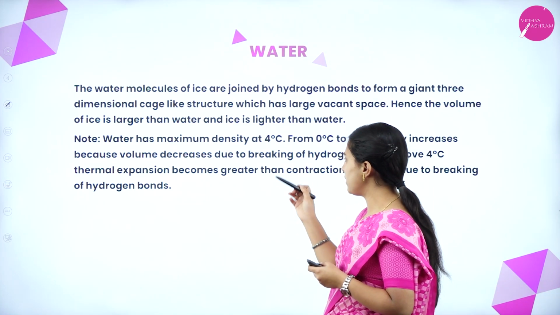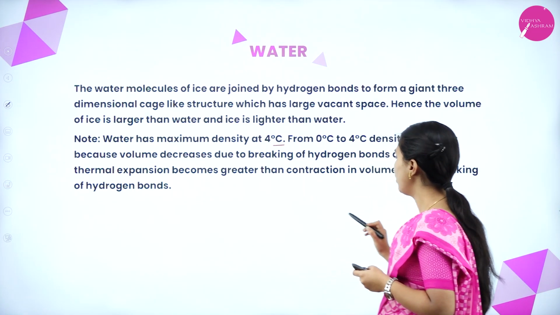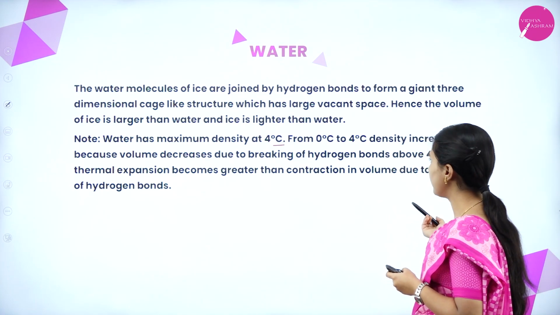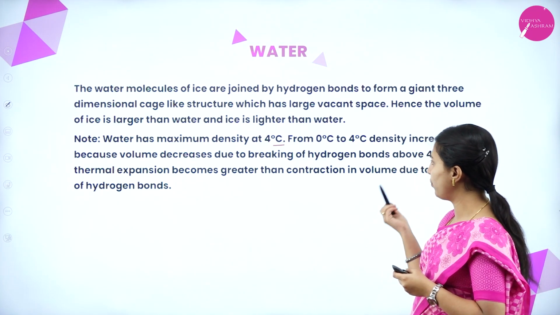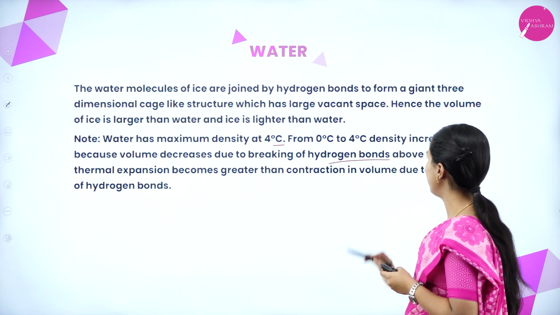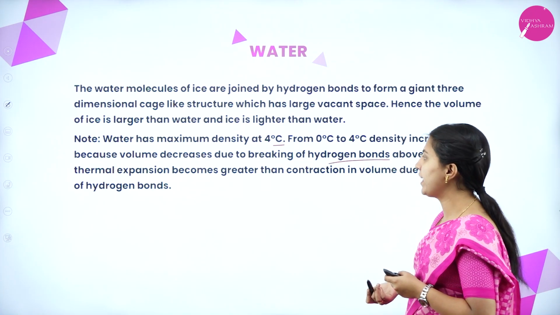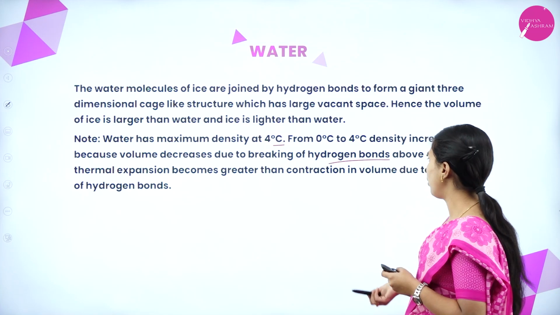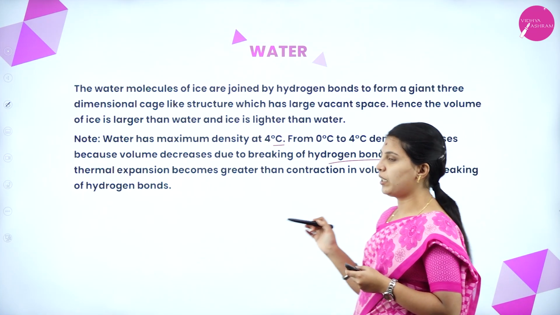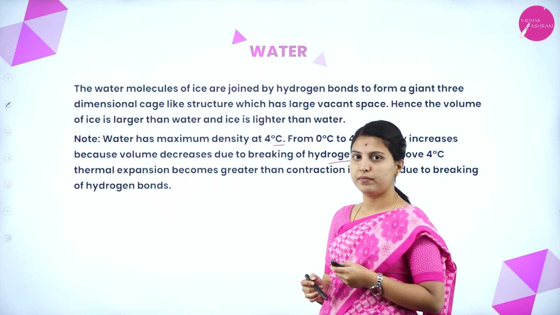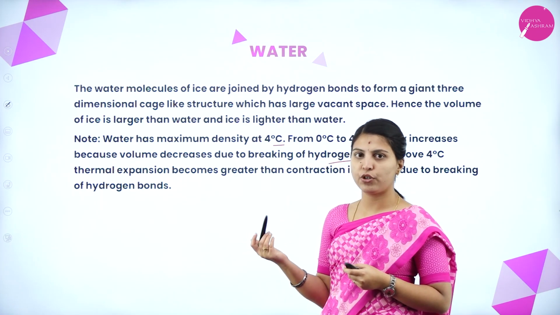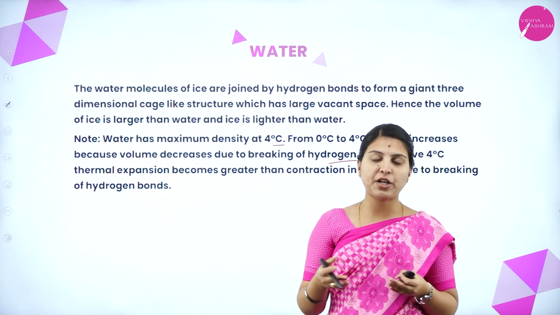Water has maximum density at 4 degrees Celsius. From 0 to 4 degrees, density increases because volume decreases due to breaking up of hydrogen bonds. Above 4 degrees, thermal expansion becomes greater than contraction in volume due to breaking up of hydrogen bonding. After 4 degrees Celsius, thermal expansion will occur.